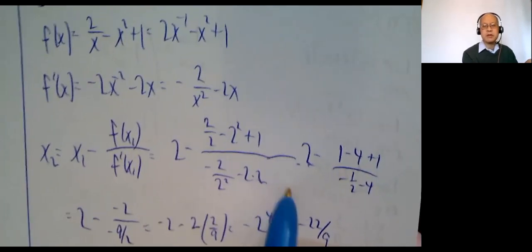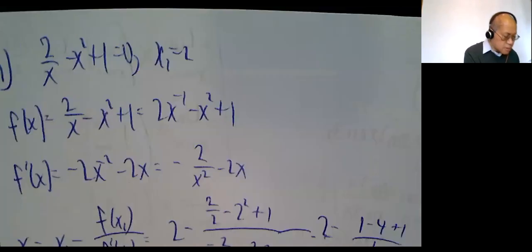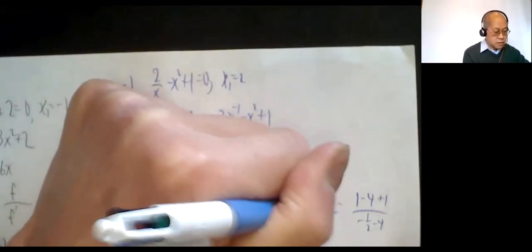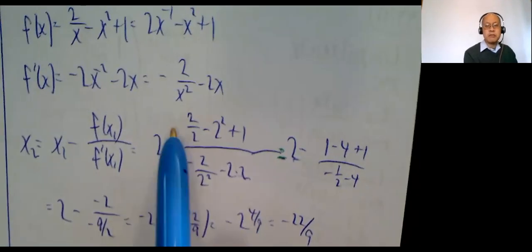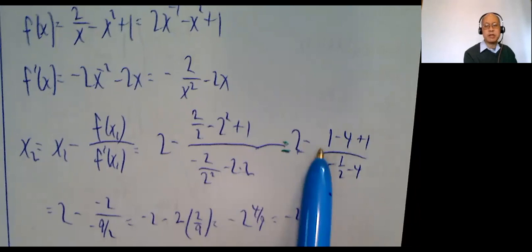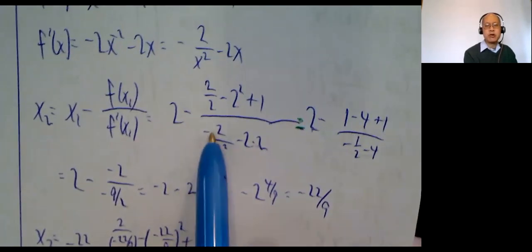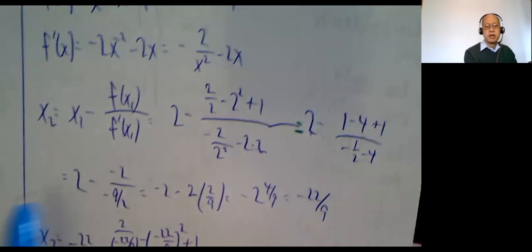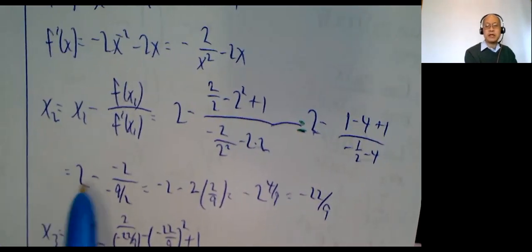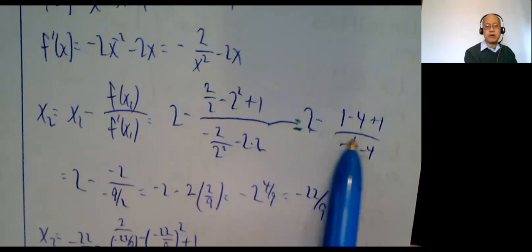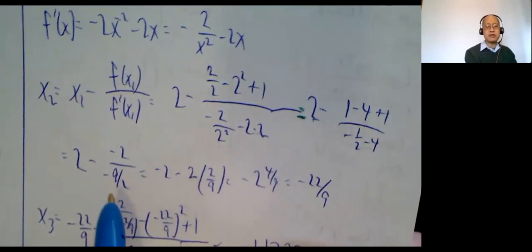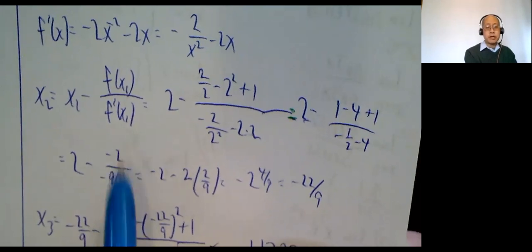So that becomes 2 minus 1 minus 4 plus 1 on top. On the bottom, negative 2 over 4 is negative a half, minus 4. So clean it up: 2 minus 1 minus 4 plus 1 is negative 2, divided by negative 4.5 or negative 9 halves. These two negatives cancel.